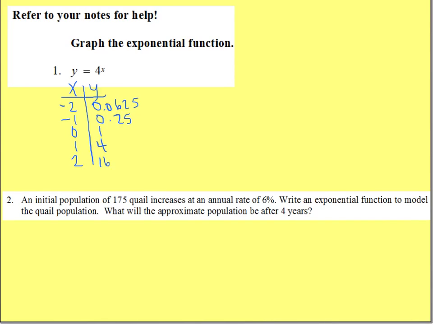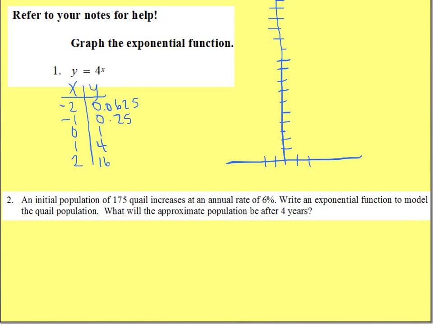So then I'm going to create a rough sketch here. It's going to be a really rough sketch, but I need to graph these 5 points.